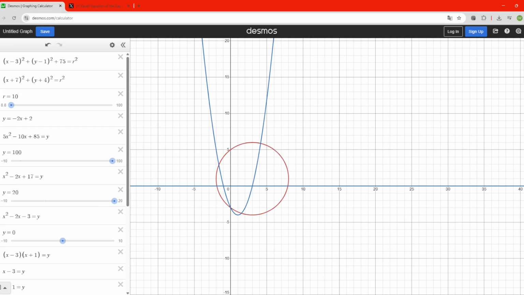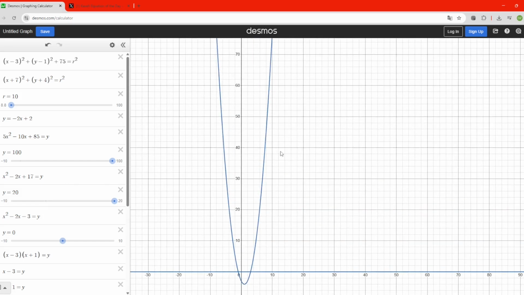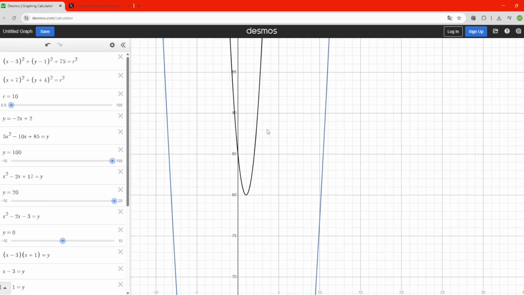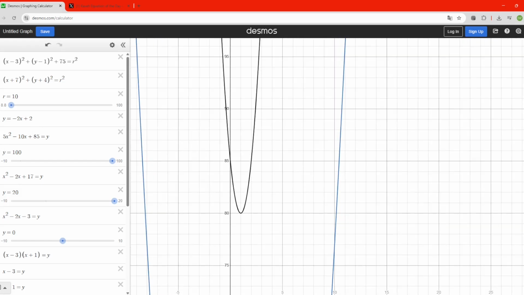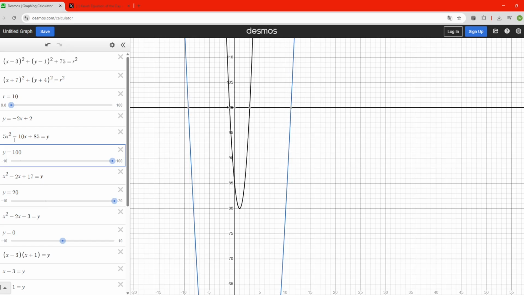Let's see, I started with two circles, then a circle and a line, but a line with a slope that's non-zero. Then I got to a parabola, which is a lot simpler than a circle, inarguably simpler, and a line, okay, a line with zero slope.